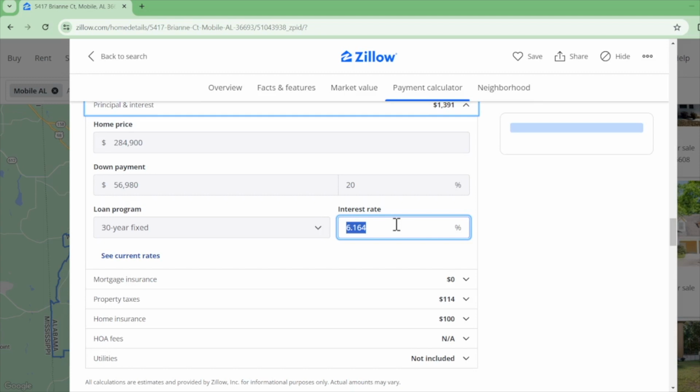Banks give you interest rates based on how well you pay your bills back. So if you don't pay your bills back well, your interest rate might be 8 or 9%, which would take your mortgage payment higher. Okay?